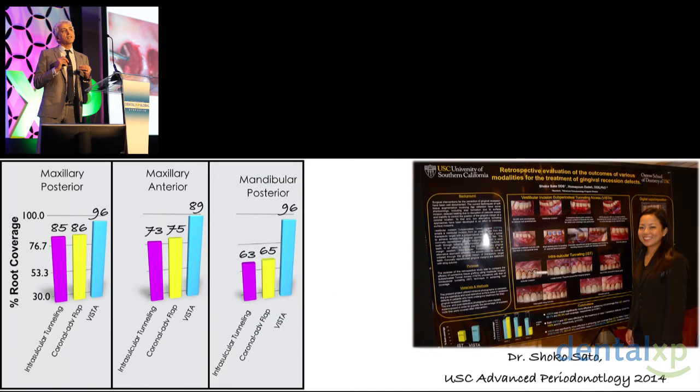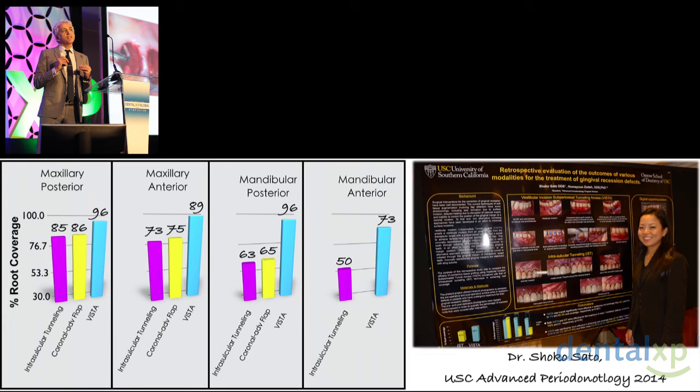And especially mandibular posterior, you can see 96% root coverage with Vista, compared to 60s, 63 or 65% with other techniques. And even in the mandibular anterior, which is our most challenging area, Vista achieves 73% root coverage compared to 50%.